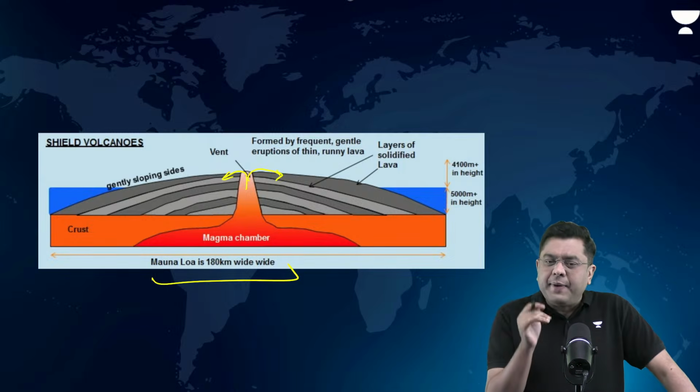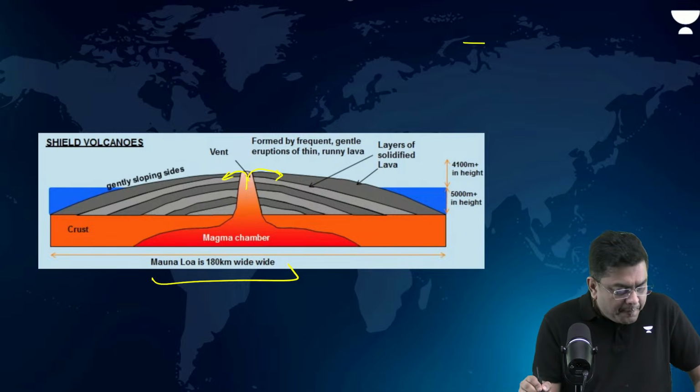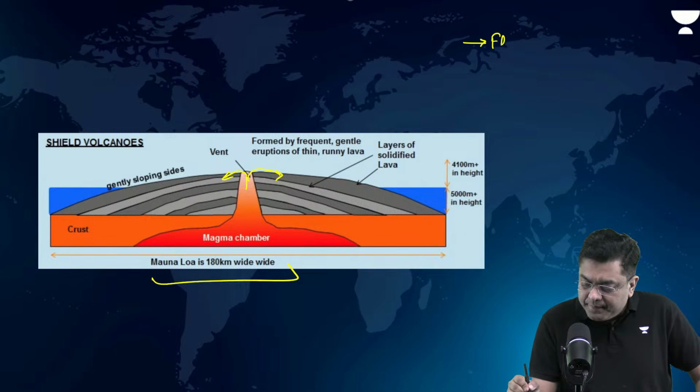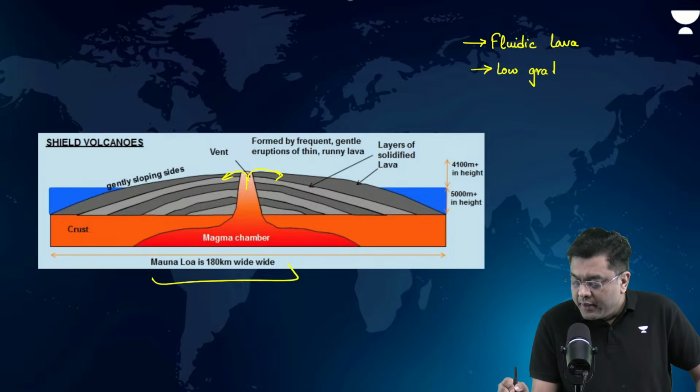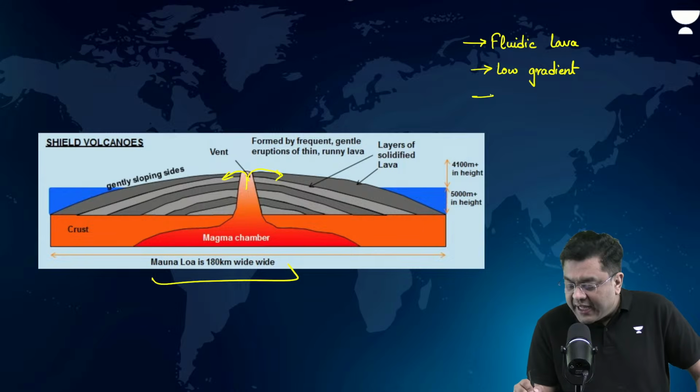So, what will be the features of this shield volcano? A quick recap and a quick revision. First of all, fluidic lava. Then, after that, low gradient, that is gentle slopes. Then, after that, larger area.